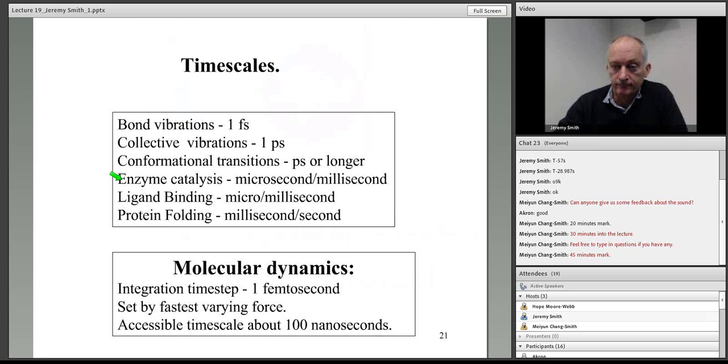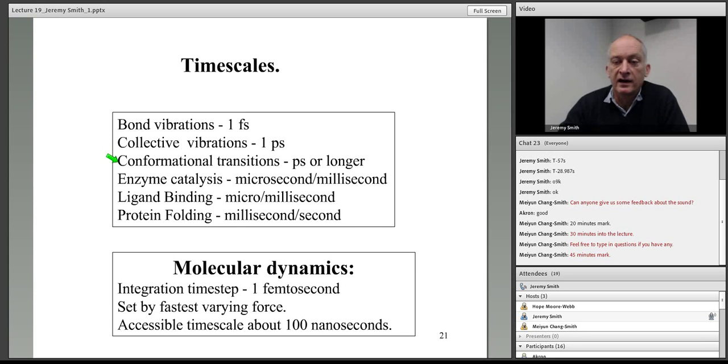All right. So some more details on simulations. There are different timescales of motions involved. I've alluded to that before. 10 to the minus 15 seconds is the fastest type of motion in any molecular system. Collective vibrations, such as those that get modified on ligand binding that I showed you, those are about 1,000 times slower, picoseconds.